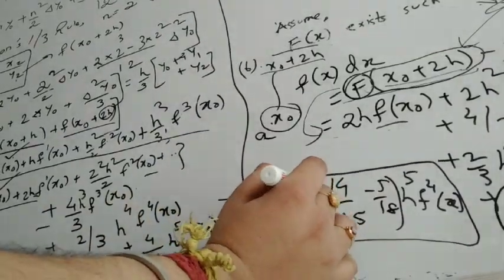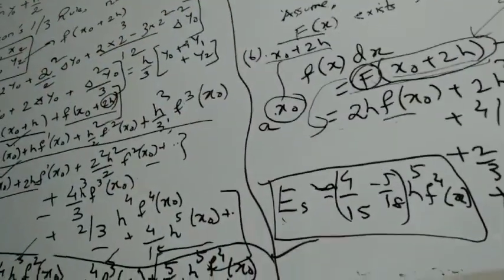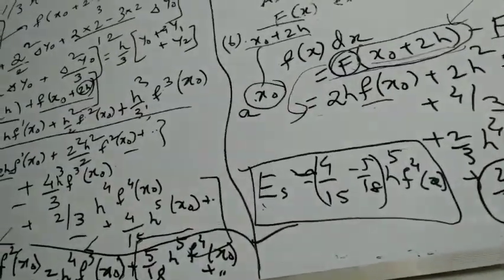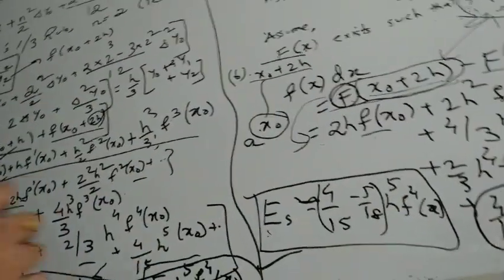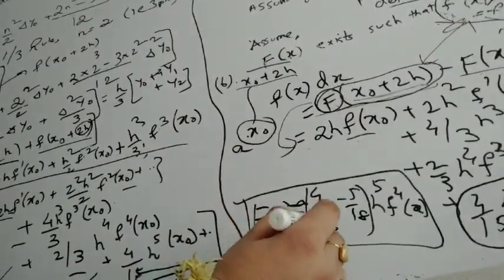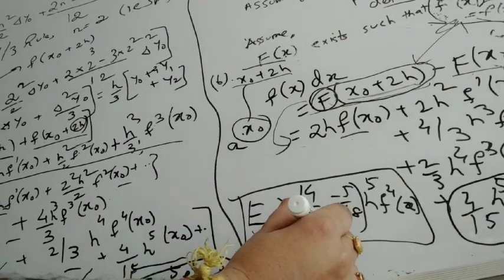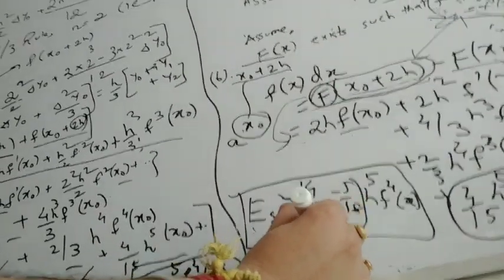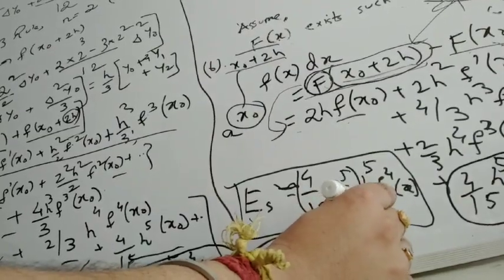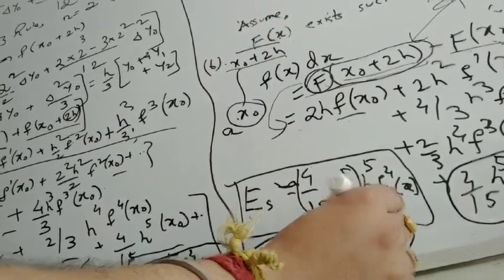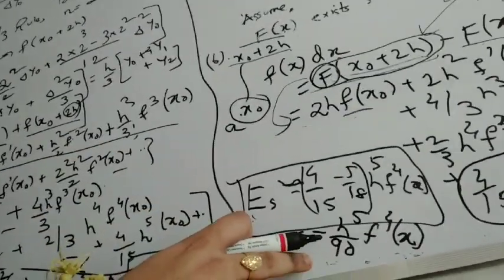So it's basically not equal to, it is almost, we are approximating, truncating actually. So this is your error term. If you simplify this, you will get minus h5 by 90 f4(x). So basically this is your total derivation.